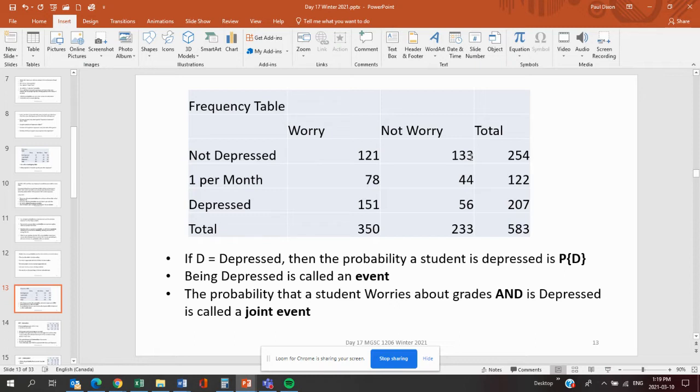I'm going to look at the language that's used in probability and some of the notation or the symbols we use. So here's my frequency table or contingency table. If I wanted to know the probability of a student being depressed, that's 207 out of 583.